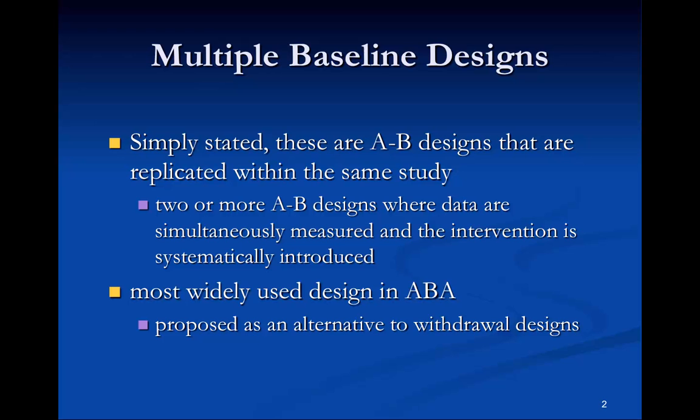But because of the disadvantages we talked about, and the problems of reversibility and the ethical problems of reversing the problems, multiple baseline designs, as you'll see or you already know from reading Richmond's book, have various adaptations and types, and so they can be quite useful in terms of demonstrating functional relationships.